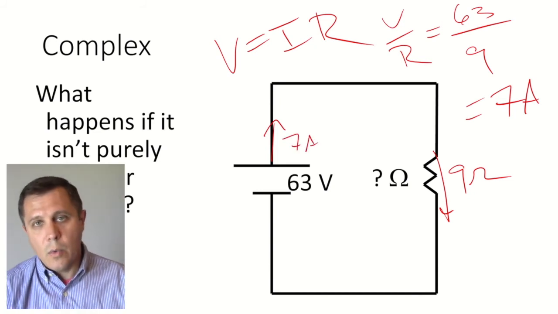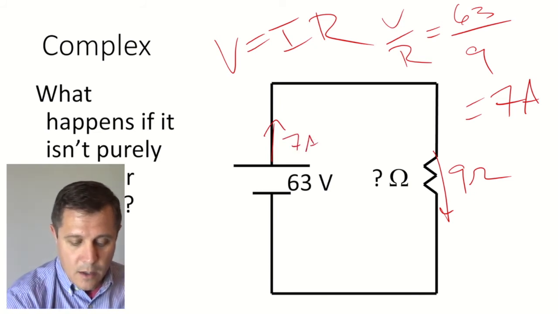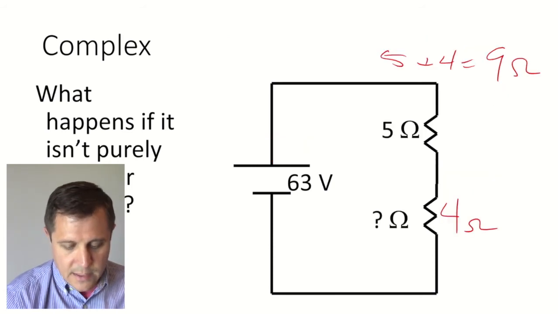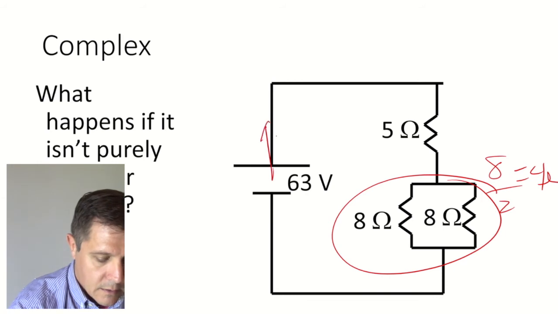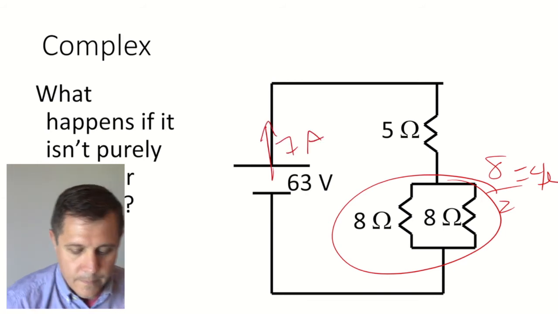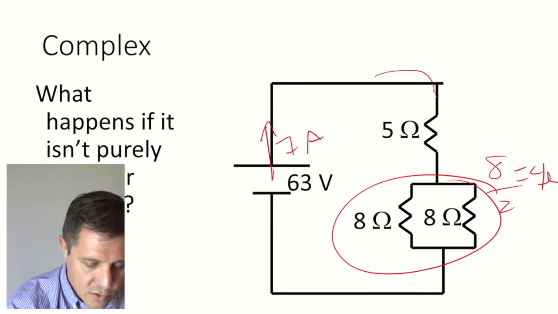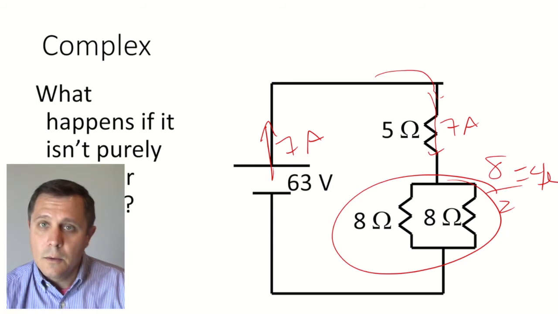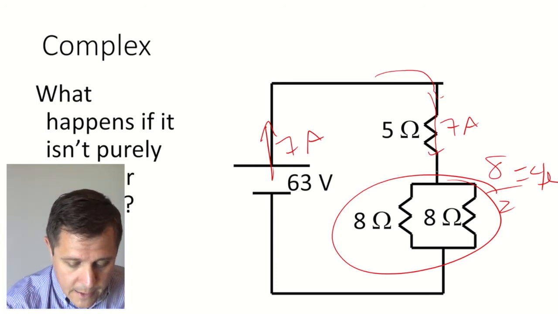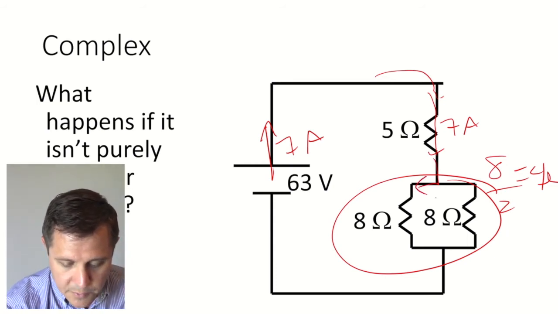So now I can work my way back. I know 7 amps leave the battery, and there's no splitting up going on yet, so 7 amps is going to go through the 5. Then when it comes down here, you're going to get a split.